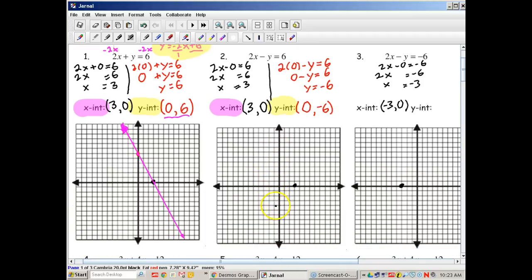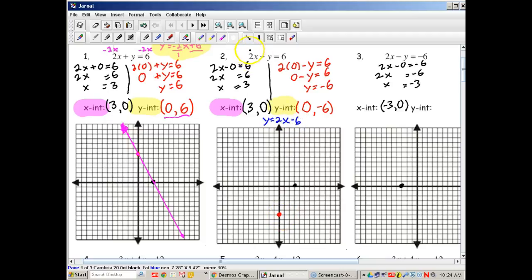1, 2, 3, 4, 5, 6 down here. And now you have 2 points. You can graph it. You can also find the equation just by finding the slope. Up 6, right 3. 6 over 3 is 2. So that's the equation, y equals 2x, and the y-intercept is minus 6.